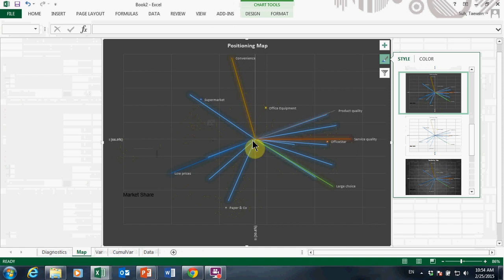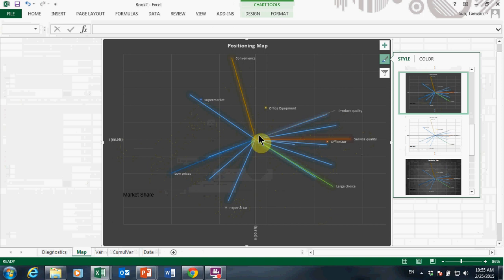And also we have different colors of attribute lines. We have 1, 2, 3, 4, 5 different attribute lines. An attribute line is a vector line, so the preference on the particular attribute will increase along the line.